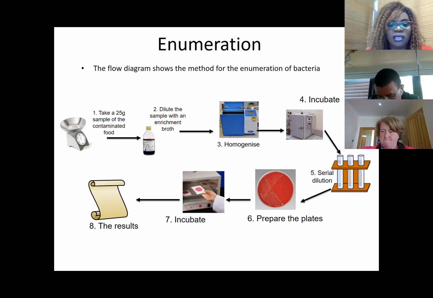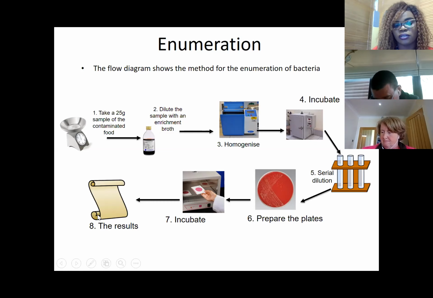But if you've not, then you can do a serial dilution. Serial dilution is very important because you want to get a countable number of cells. Then after that, you plate it on the plate, and then you can incubate it. Then you check the results, okay?